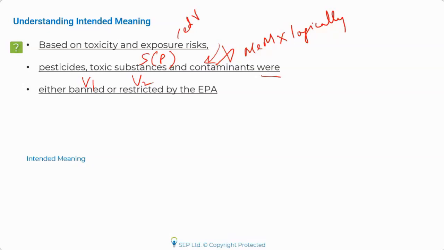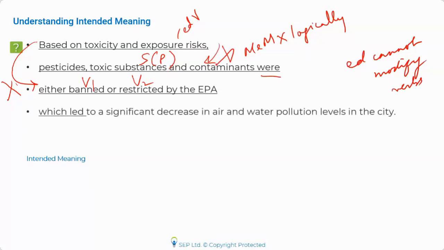All right. So based on toxicity is wrong. It is wrongly modifying the verb. Okay. This is wrongly modifying the verb because ed cannot modify verbs. Okay. Even from far away. Let's read on. Which led. Now, which, this here we have another relative pronoun clause, RPC.